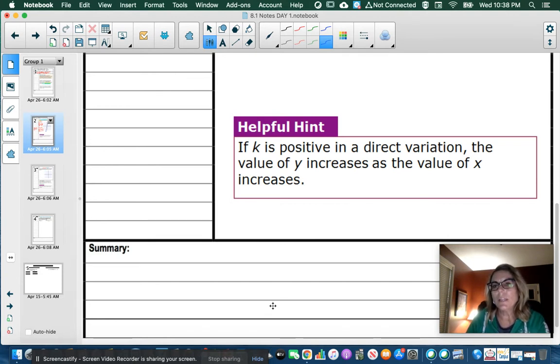They're directly related. Now, am I encouraging you to drive fast? No, I'm just trying to give an example of a direct variation. The hotter the sun is, the warmer we feel. Directly related.